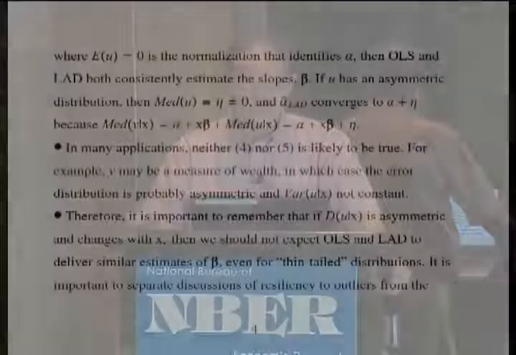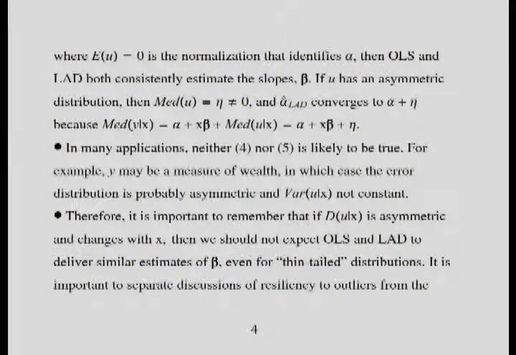Now, another case is where this error term is independent of x, and we have to have some normalization. So let's just say the mean is 0. We could say the median is 0. The point wouldn't change. So if the error term is actually independent of the x's, then the OLS and LAD estimators, they both identify the slopes beta.